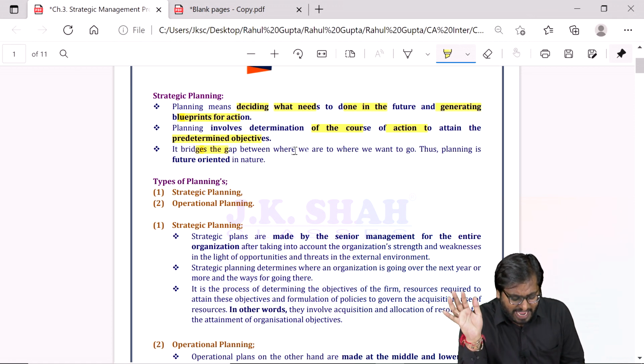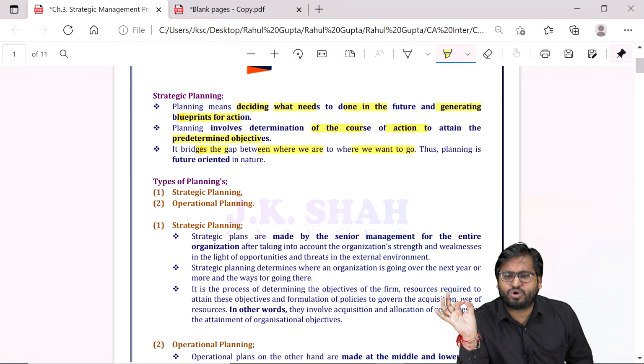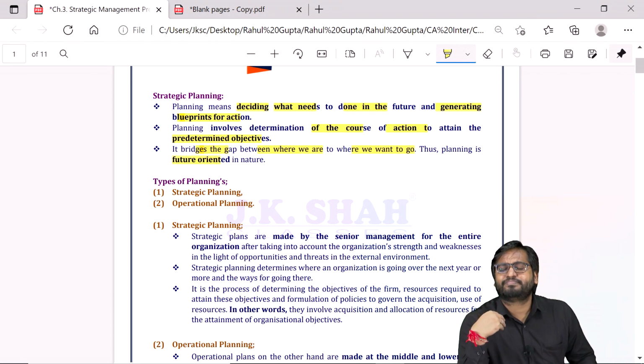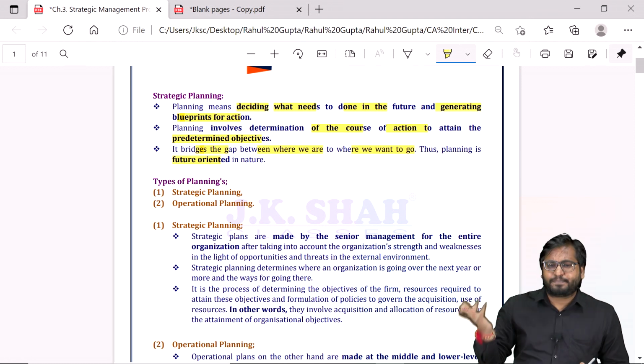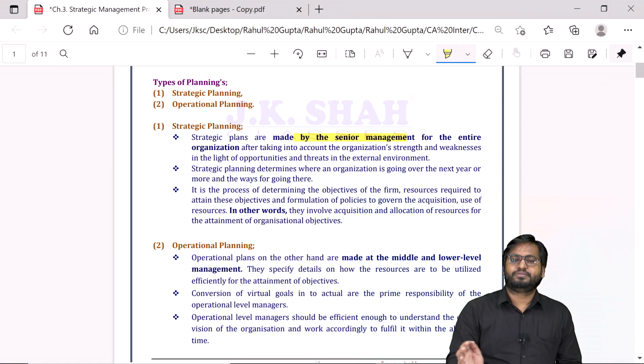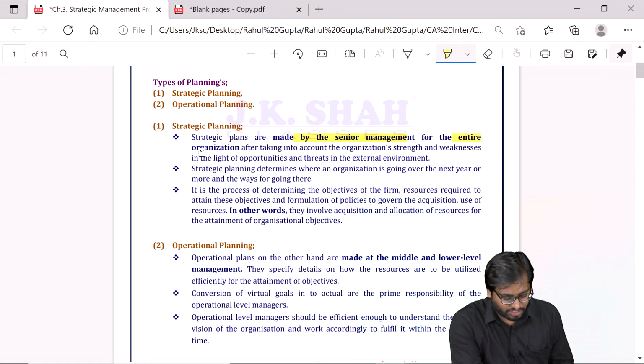It bridges the gap between where we are and where we want to go. It is future oriented. Types. Made by senior management for the entire organization after looking at strengths, weaknesses, opportunities, threats.